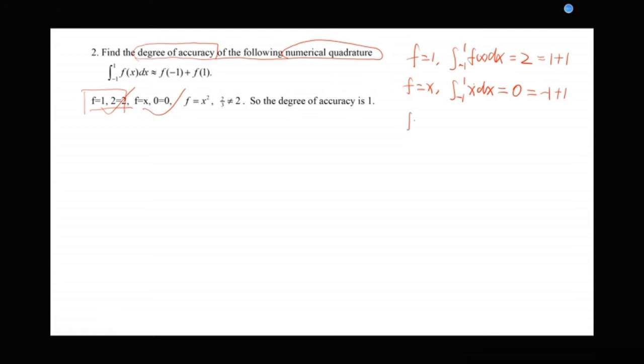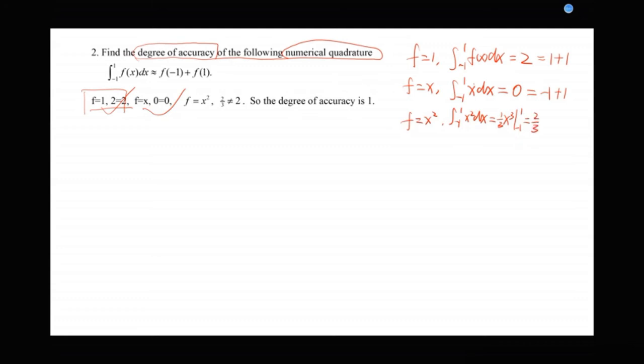Now let's check x squared. The integral from -1 to 1 of x squared dx, by the Newton-Leibniz formula, the primitive function is 1 over 3 x cubed, right? Evaluated from -1 to 1, it should be 1 over 3 minus minus 1 over 3, so it is 2 over 3.